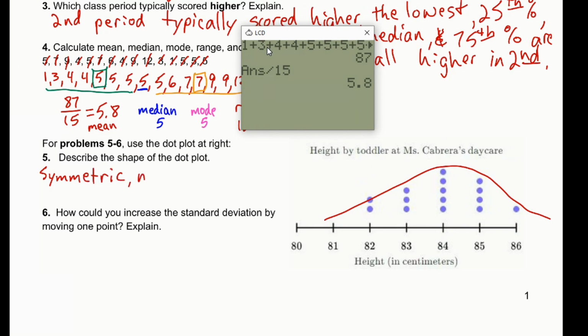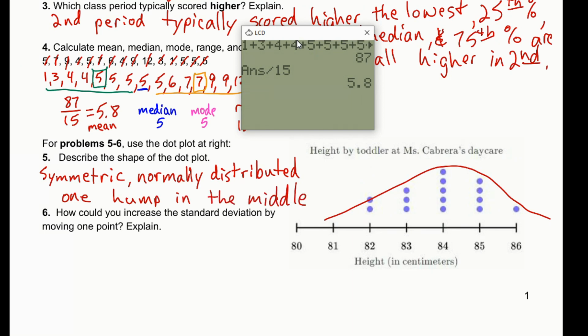We might also say it's normally distributed. It's a word we might use, and you'll learn more about that later. There's one hump in the middle, kind of, is another way to think about it.